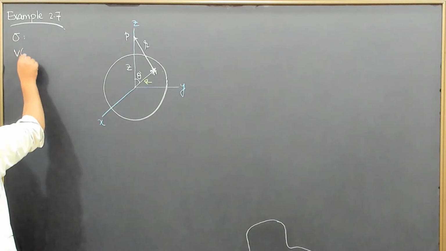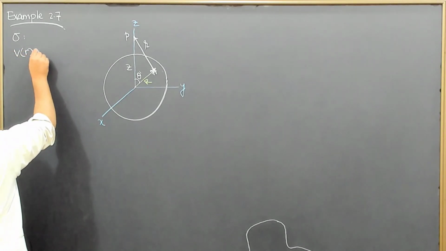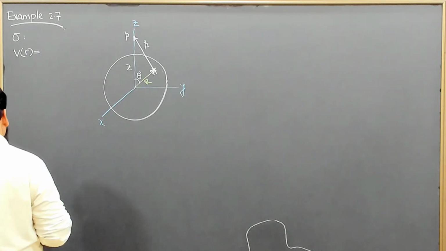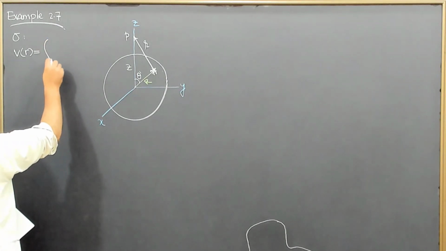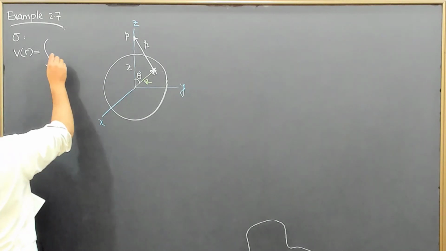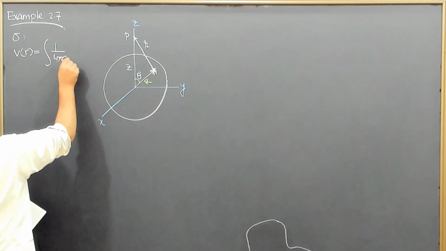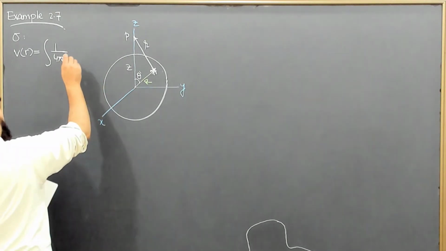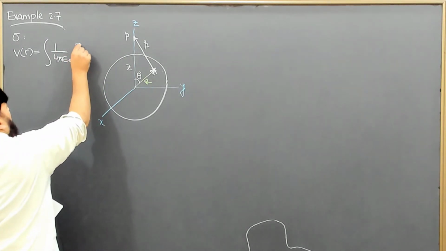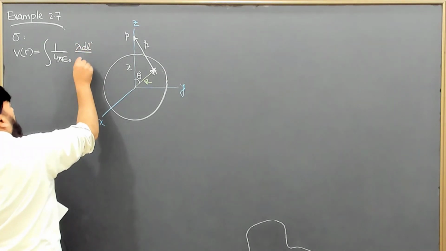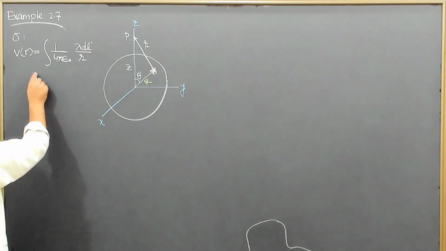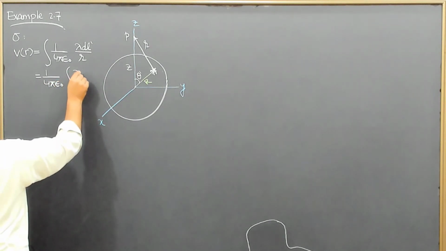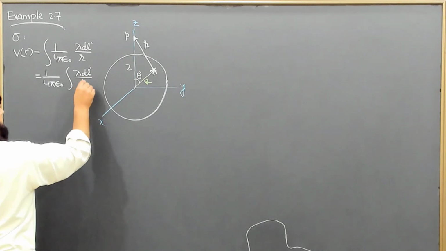For example, V of R can be written in terms of Q. If I want to write it in terms of line charge, then this is 1/4 pi epsilon naught integral lambda dl prime over tilted r.